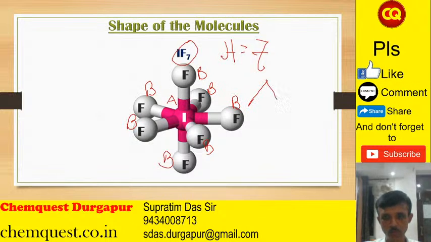Then the type is known as AB7 type, IF7. Now the base is formed by the 5 fluorine atoms.